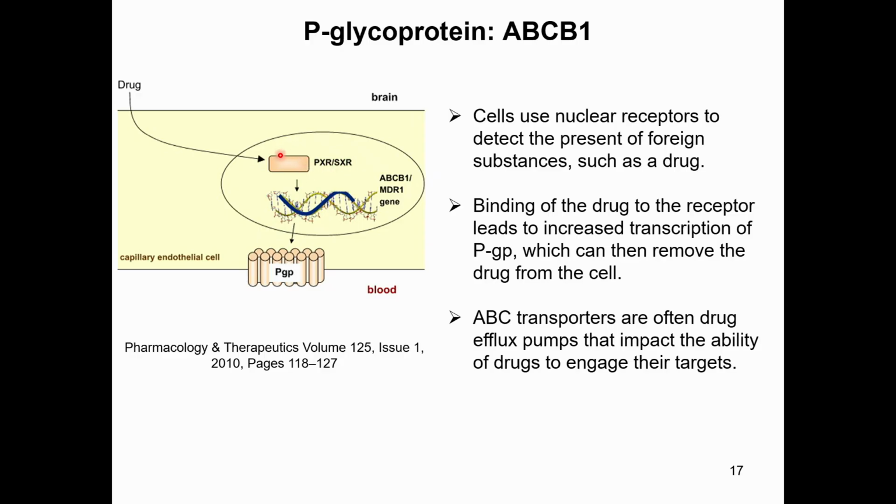When the drug ligand associates with this heterodimer nuclear receptor, it acts as a transcription factor, and it transcribes all of its target genes. Well, one of the target genes is the MDR1 gene, and that makes P-glycoprotein. So the drug actually induces the expression of the gene that encodes the transporter, P-glycoprotein. It's one of the targets.